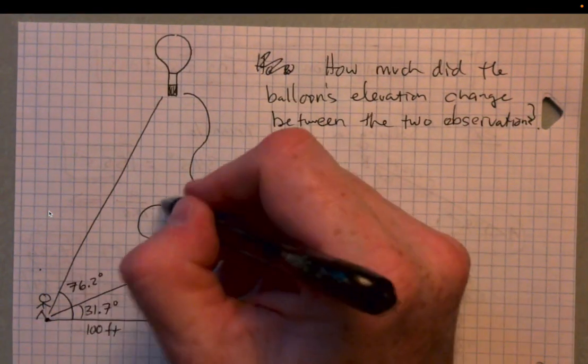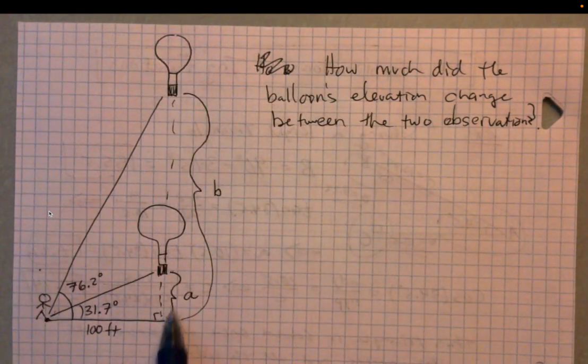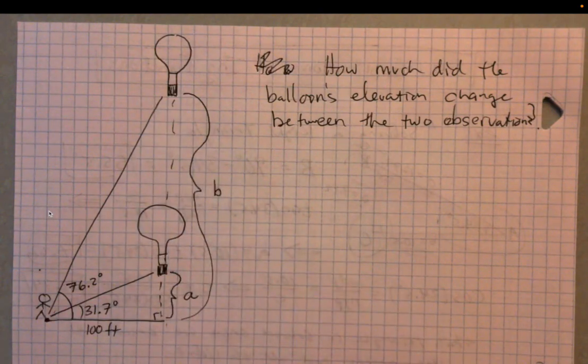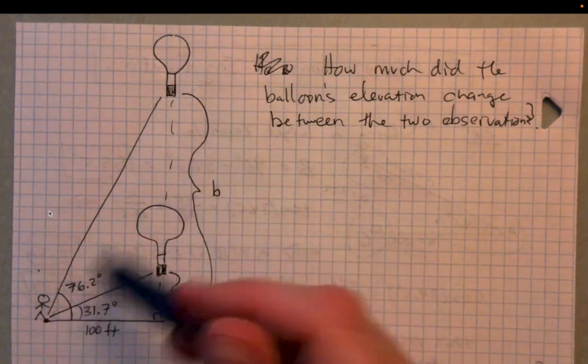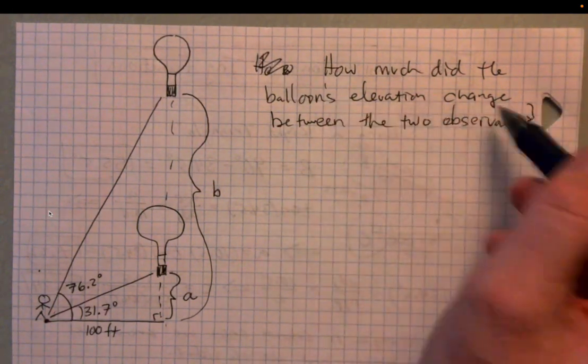Well, right, so think about it like this. At the first observation, we were a units, a feet, we'll say, off the ground. At the second observation, we were b feet off the ground. Both of these observations can be modeled with a triangle, right? What we really need to know, the question is, how much did the balloon's elevation change?